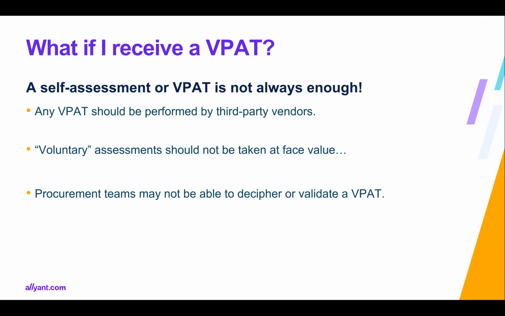You might want to say, well, my priority is really focusing on those level A success criteria that are really going to hurt folks: non-text content, keyboard operability, focus visible, those types of things that are really going to create a barrier. That might be how you choose to prioritize the VPAT. Really, it's up to you. The VPAT is just a voluntary document that provides you with information, and how you choose to utilize and process that information is up to you.